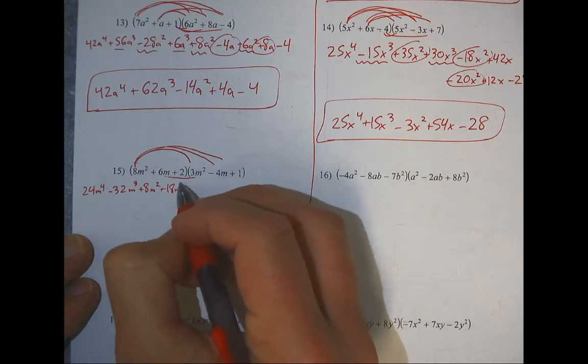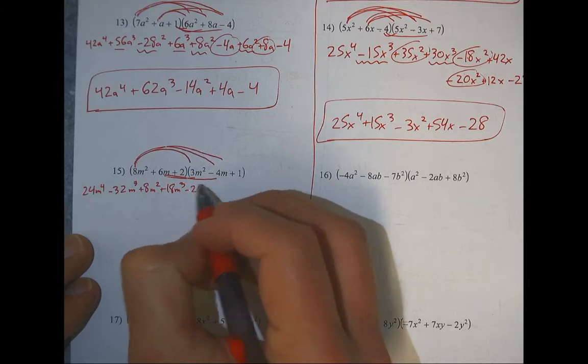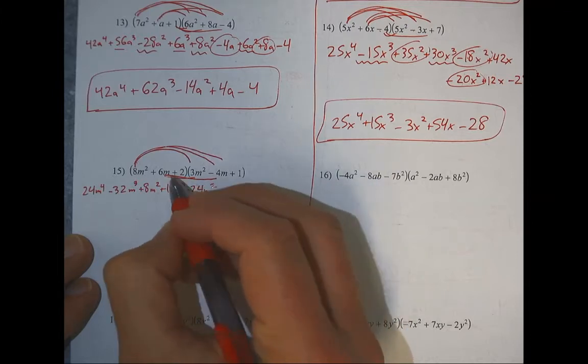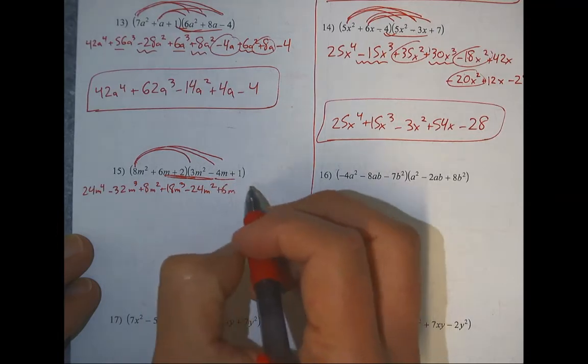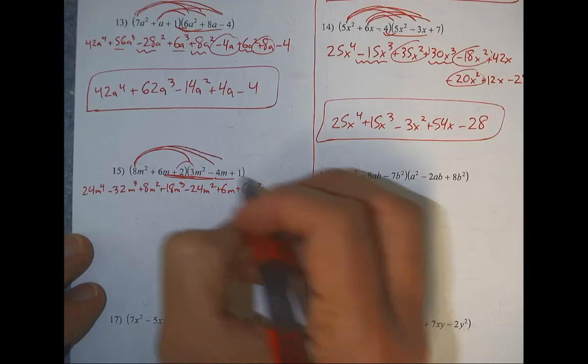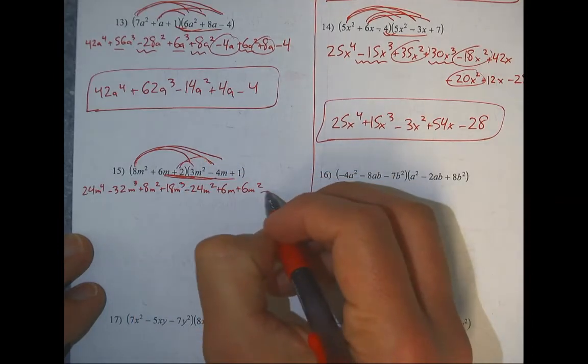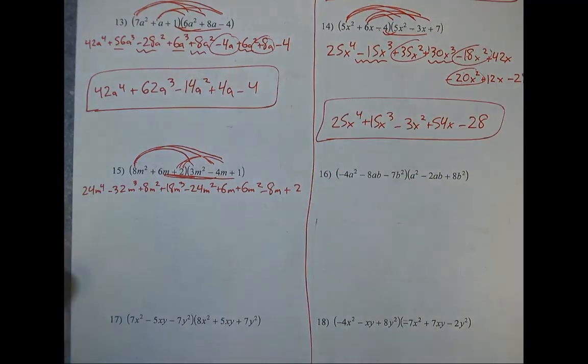M times m squared is m to the third. M times m is m squared. Times 1 is 6m. Okay, now 2 times this, it's just 6m squared. 2 times this is negative 8m. 2 times this is 2.